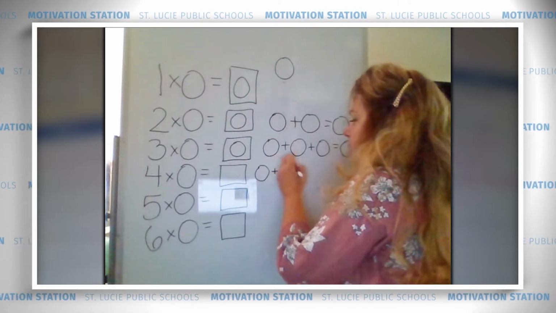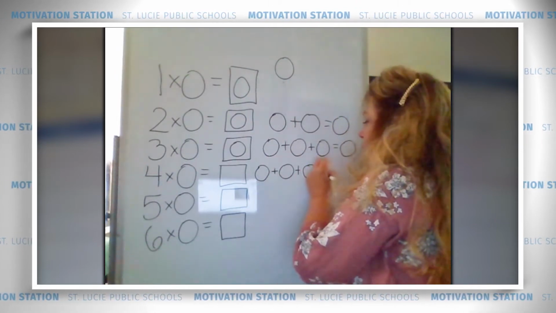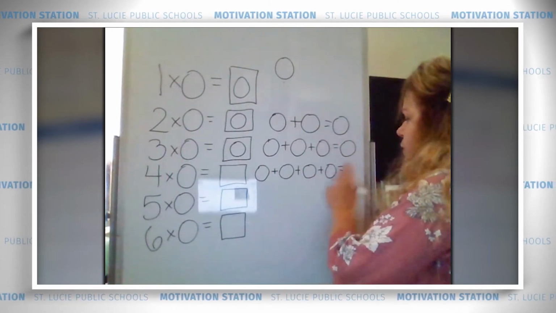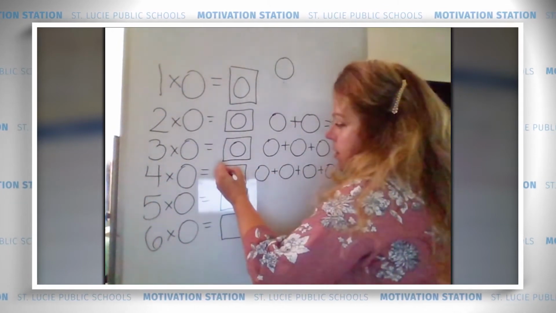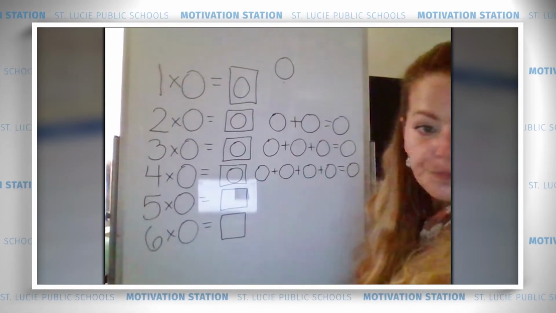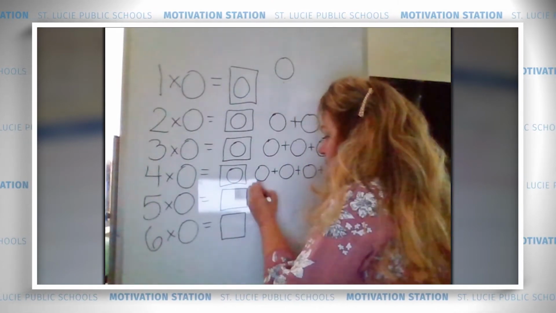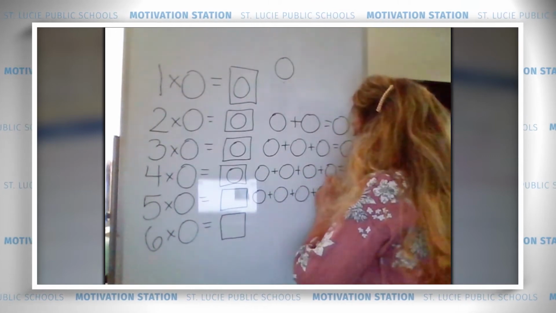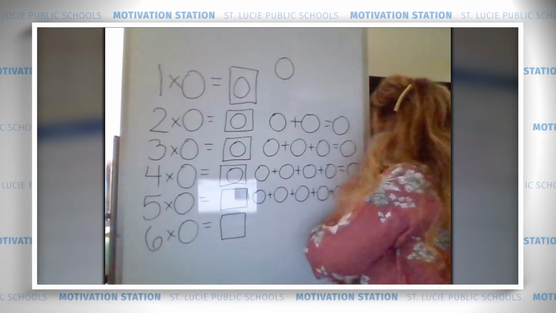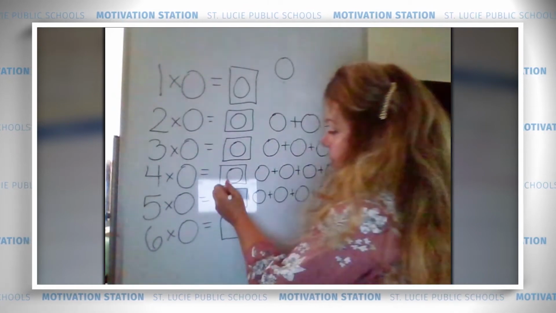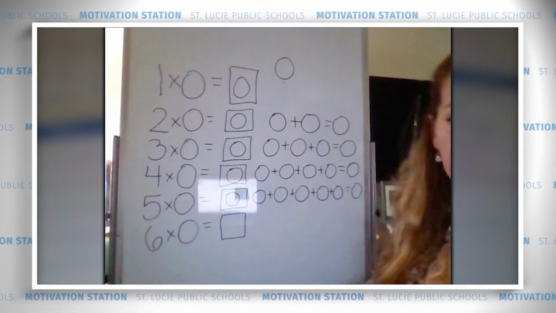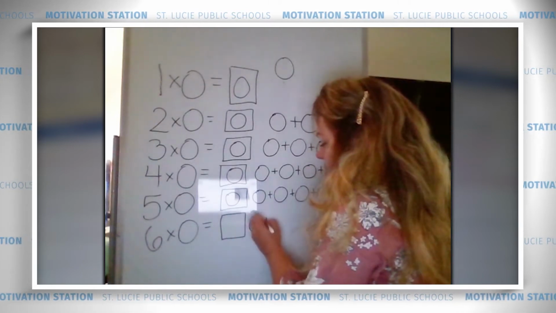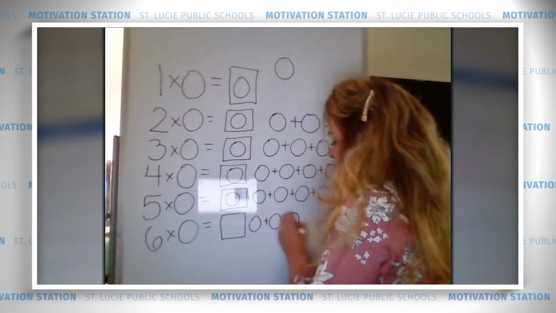0, 0, 0, 0. 4 zeros I need. 1, 2, 3, 4 equals 0 stars still, and my product is a 0. 5 zeros, 1, 2, 3, 4, 5 equals still 0 stars, so I'm going to put 0 in for my product. 6 times 0, I'm going to have 6 groups with nothing in it.